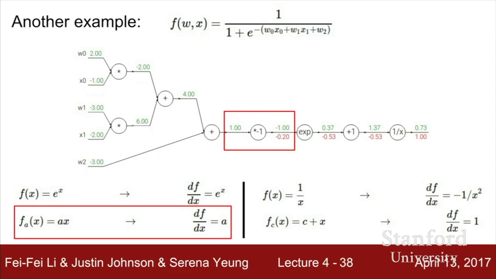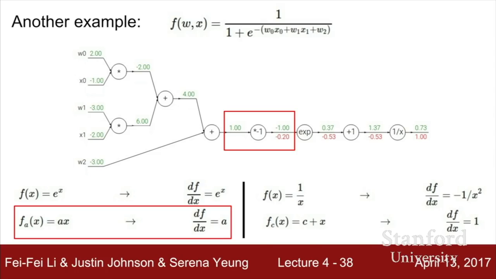OK, now one more node. The next node that we reach is a multiplication with negative 1. What's the upstream gradient coming down? Negative 0.2. And what's going to be the local gradient? You can look at the reference sheet.